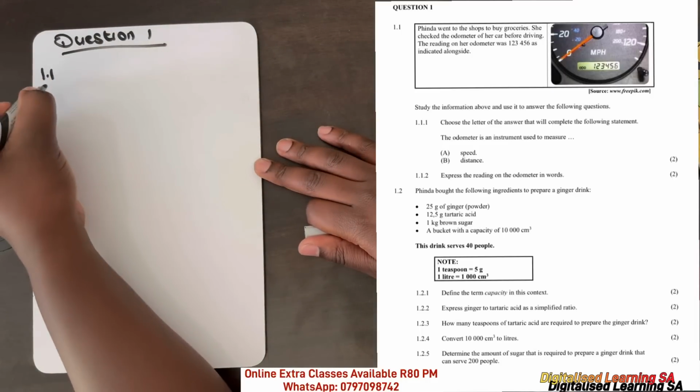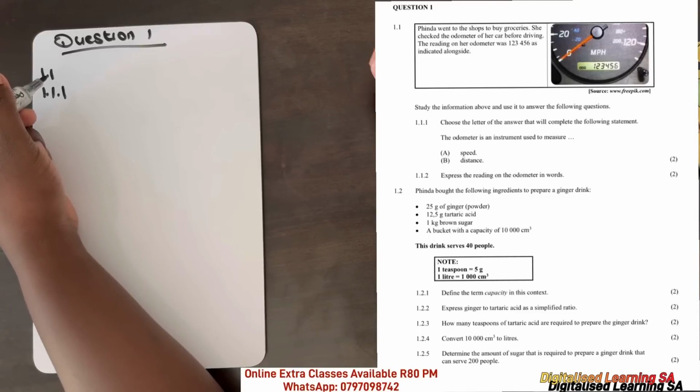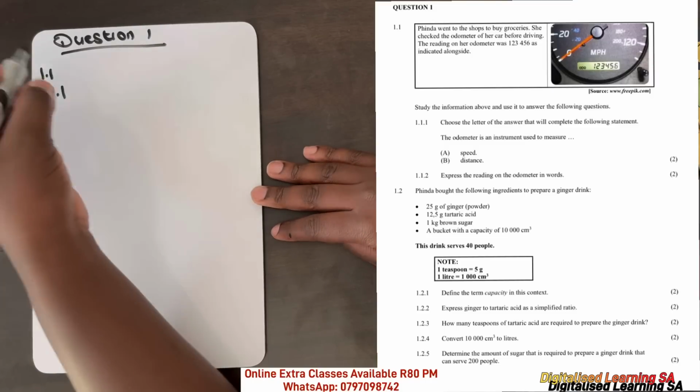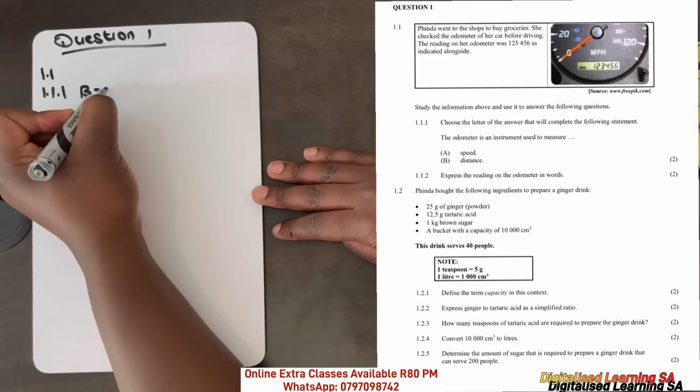The first question will be question 1.1.1. It says: choose the letter of the answer that will complete the following statement. The odometer is an instrument used to measure B, which is the distance.